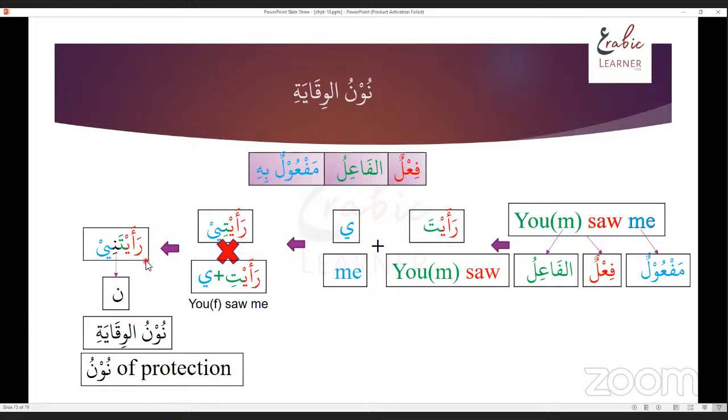I don't want to disturb them; I want to keep them intact. By just adding Ya Mutakallim, the Maf'ul was changing, and even the Faai'l will change, for example if the Faai'l is huwa, ra'a. So I want to protect Faai'l and Maf'ul, and I put a noon in between. This is called Noon al-Wiqaya, the noon of protection. Understood? There's a logic behind it. Clear?